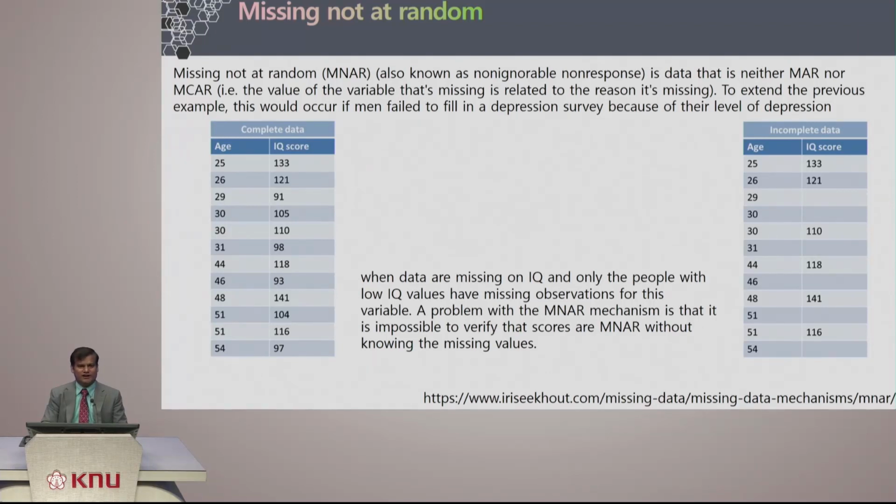Missing not at random, MNAR, is also called non-ignorable or non-response. It is data that is neither missing at random nor MCAR, the types we have seen before. To extend the previous example, it would occur if a man failed to fill in a depression survey because of his level of depression.